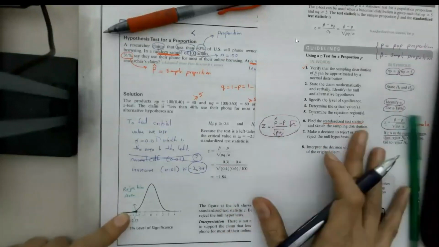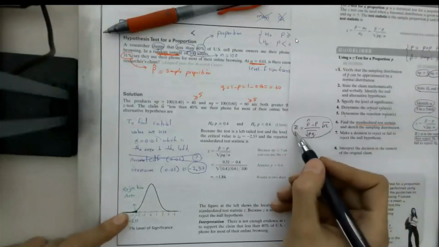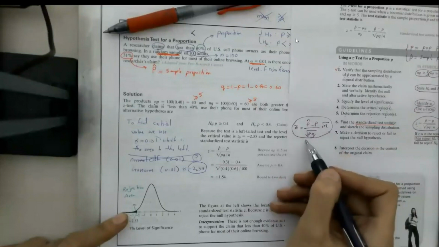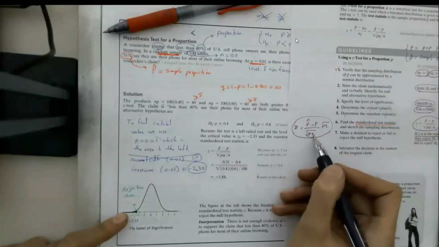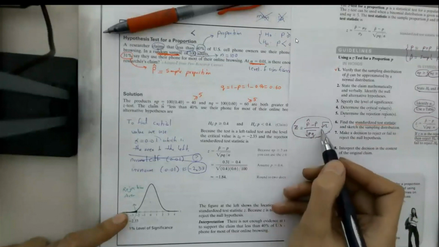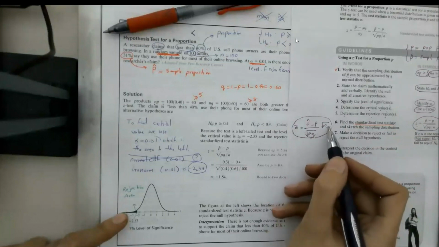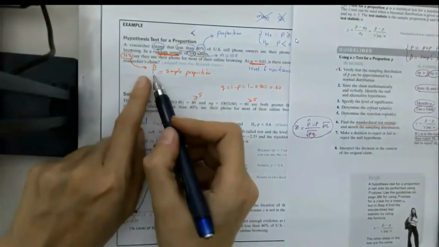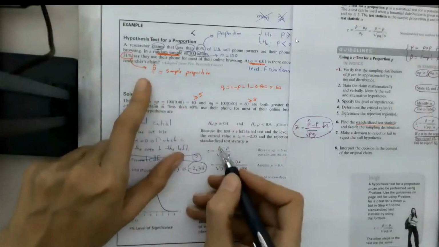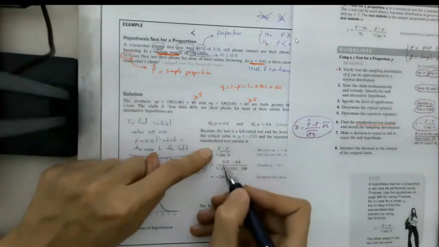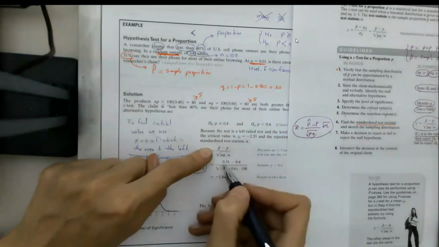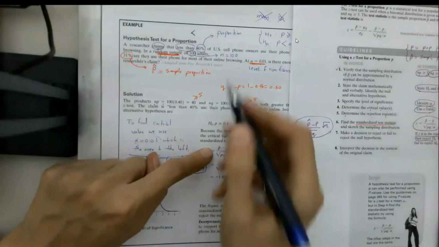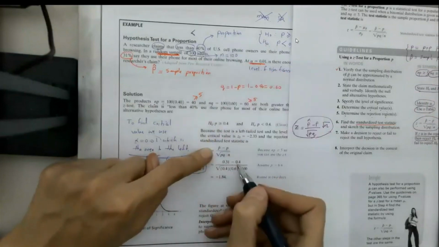We know that our standardized test statistic is p hat minus p divided by square root of pq times square root of n. I already found my p hat, or sample proportion, which is 31%. p, or population proportion, is 40%.